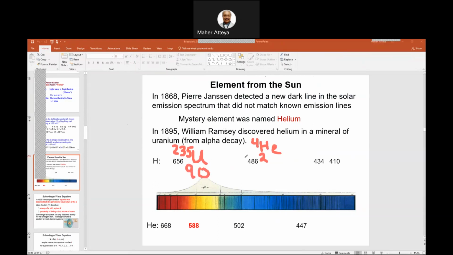So when it starts decaying, it decays to give you helium, which was discovered by William Ramsay, and gives you an X. So this is 90, will be what? 90 minus 2 will be 88, correct? 88 atomic number. And this is 4, 2, 3, 1.